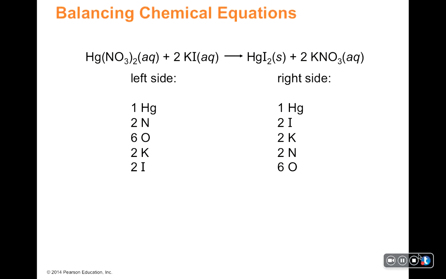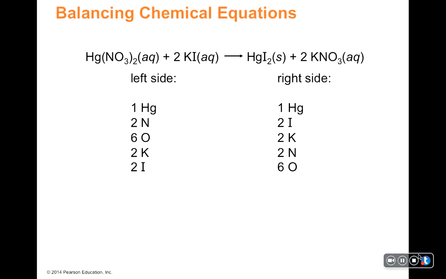So that means that 2 gets multiplied through. So there are 2 nitrogen atoms and 2 times 3, 6 oxygen atoms. The number outside the parentheses gets multiplied through everything inside the parentheses. And we keep following through; again, the numbers that are in front get multiplied through as well. So there are 2 potassium atoms, 2 iodine atoms. So that's everything on the left.